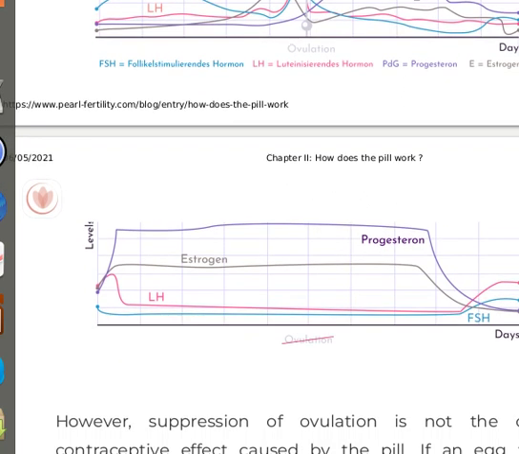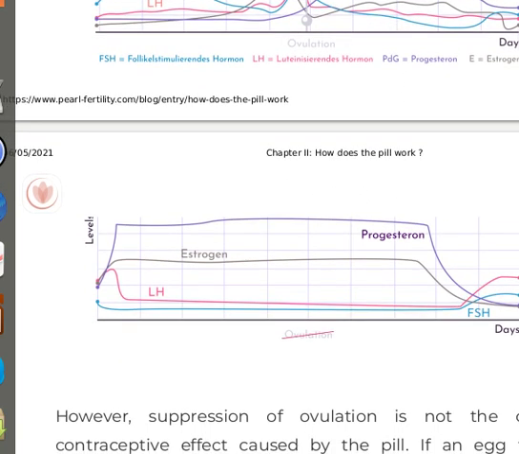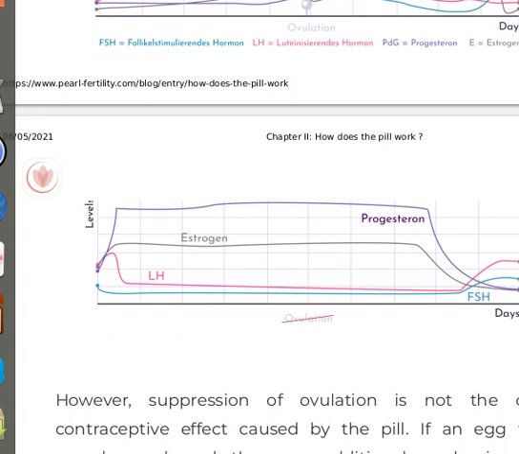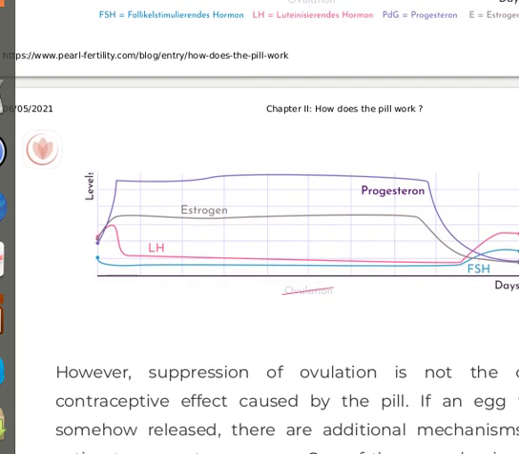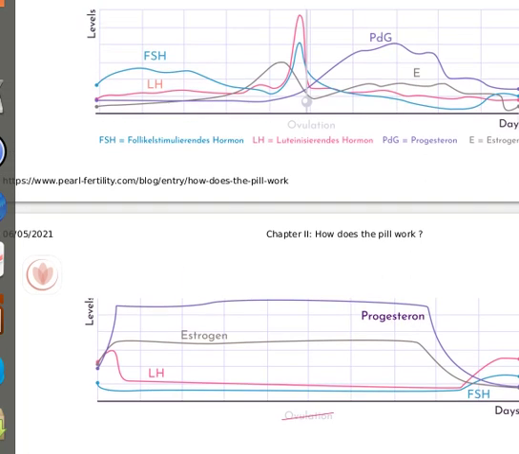One of these is, for example, reduced uterus lining tissue, resulting in less chance for a fertilized egg to be implanted. Okay, so we have progesterone high, we have estrogen high, we have low LH and low FSH, and we have no ovulation. So this cycle is pretty easy, isn't it?